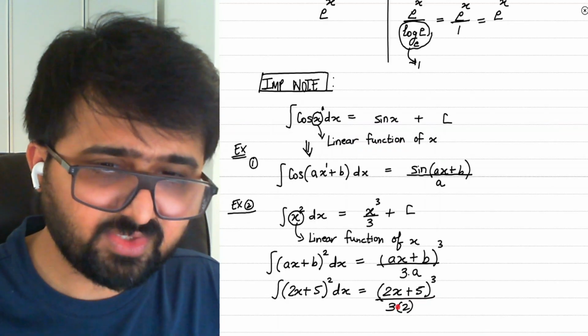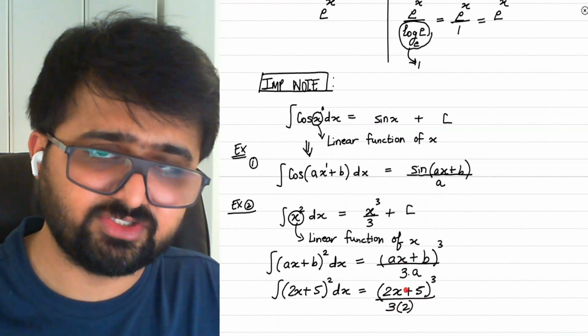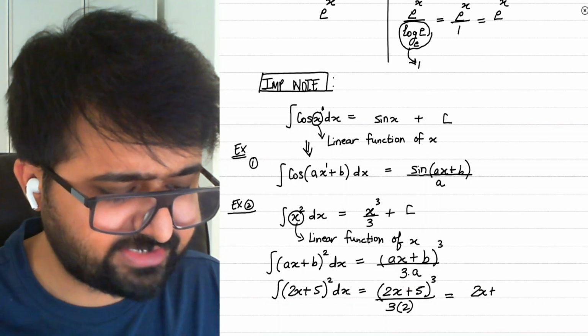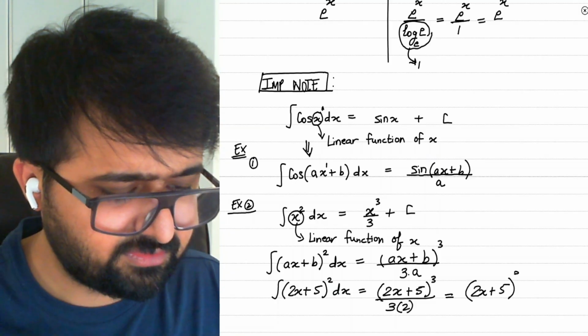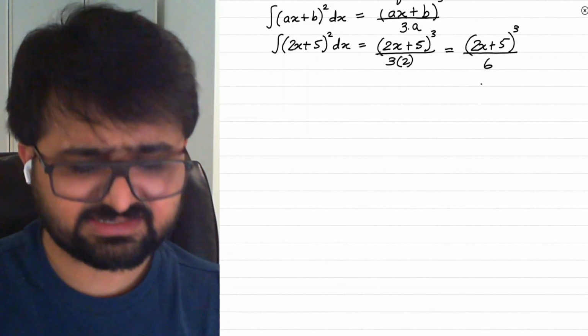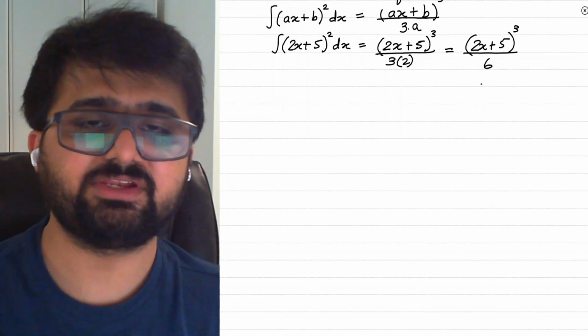Okay, so there is always an extra term in the denominator. So the integration of this will become (2x plus 5) cubed divided by 6.